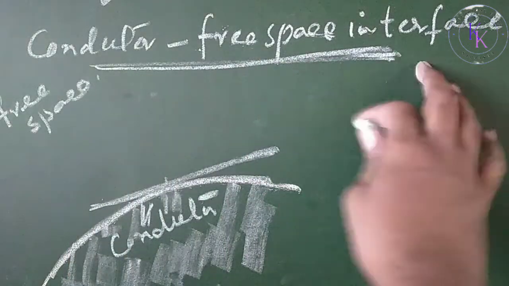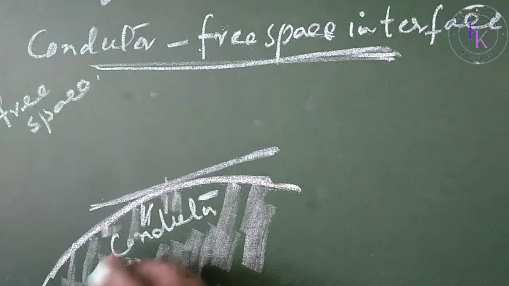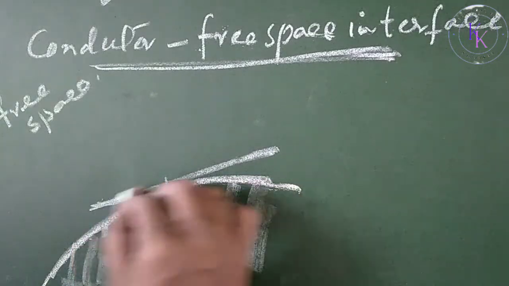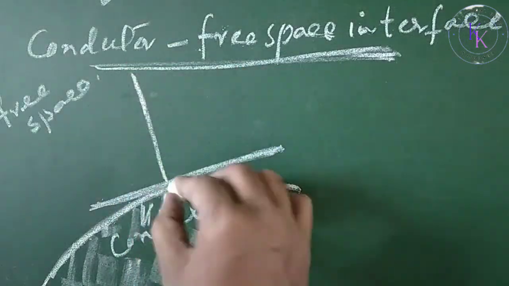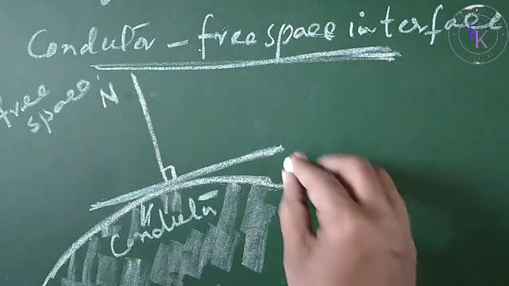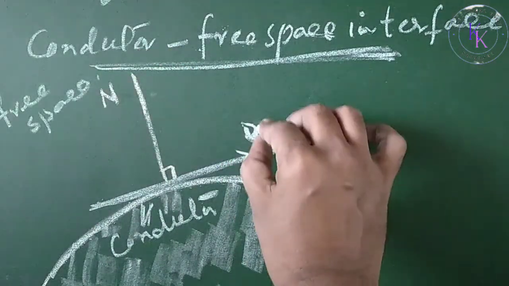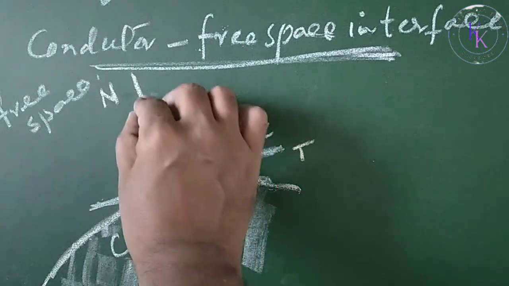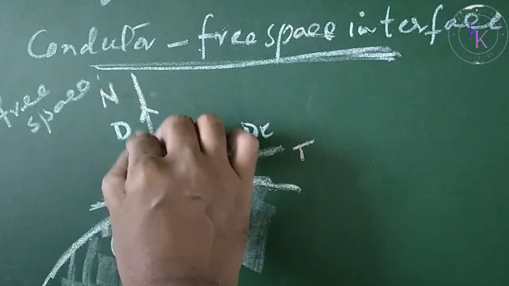So, the conductor free space interface: this is the conductor and this is free space. I'm drawing a tangent here. This is 90 degrees. This is the normal and this is the tangent. This is my D tangent, and this is my D normal.